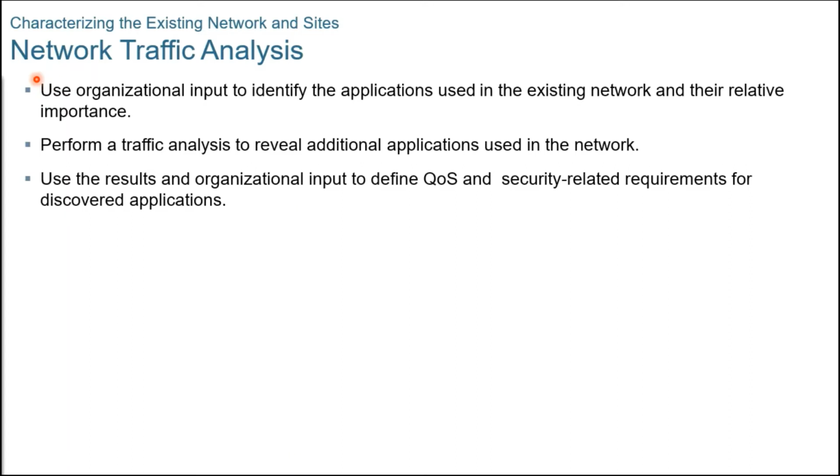Each discovered application and protocol should be described in the following terms: importance to the customer, quality of service related requirements, security related requirements, and scope. In other words, the network module in which the application or protocol is used.